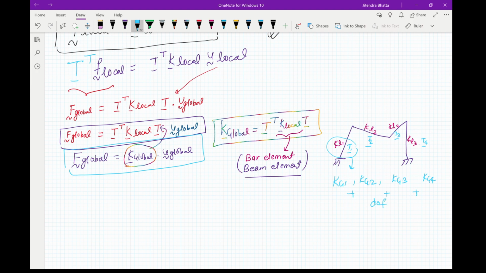So it is a very lengthy process, or this one can be a frame element as well, which is a combination of these two.